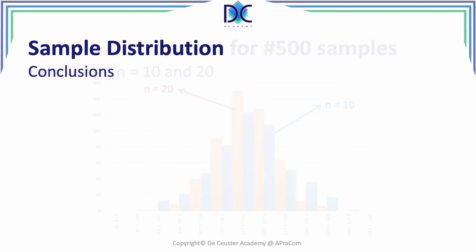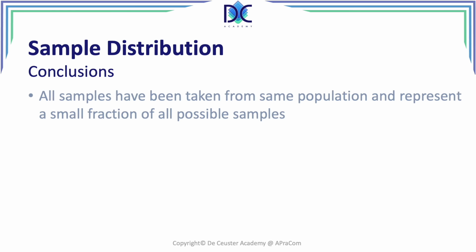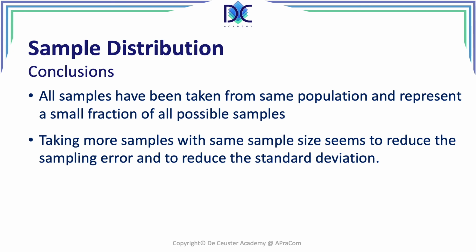Now, when we look at the sample distributions, let's say the conclusions here: all the samples have been taken from the same population and represent a small fraction of all possible samples. Taking more samples with the same sample size seems to reduce the sampling error and to reduce the standard deviation.